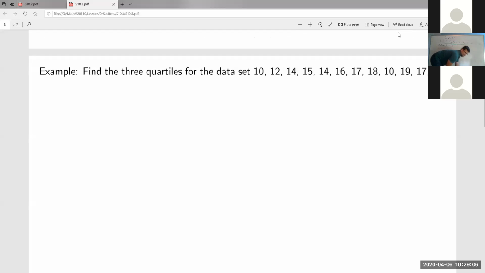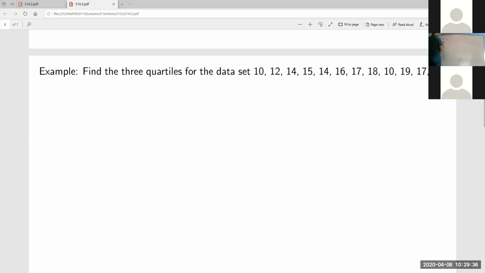So what's the smallest number? 10. So 10. Oh, 2 10s. 2 10s, yeah. A 12. You got the 12?